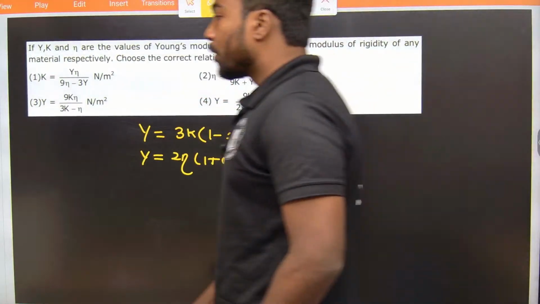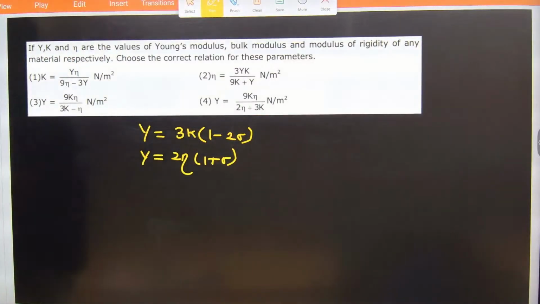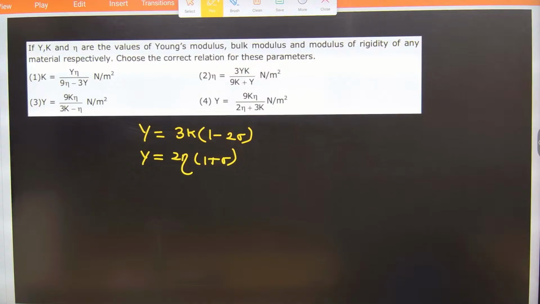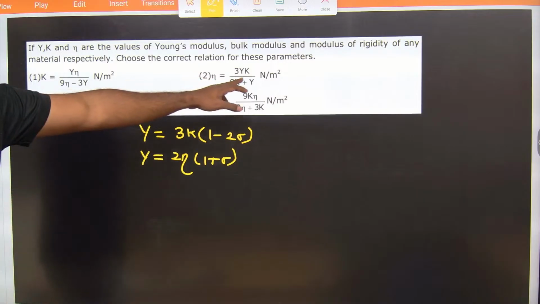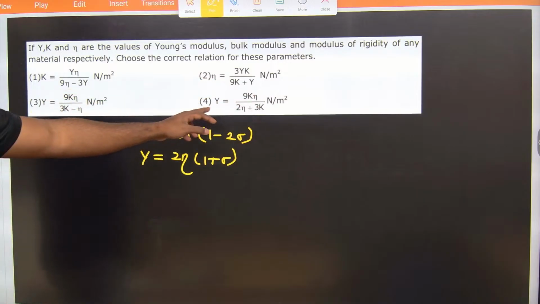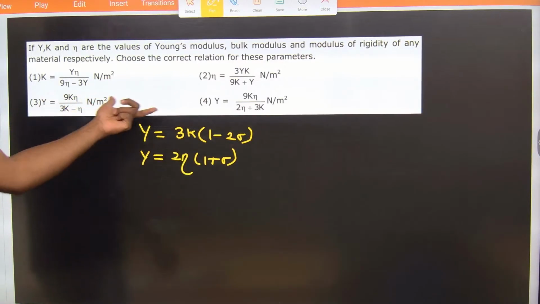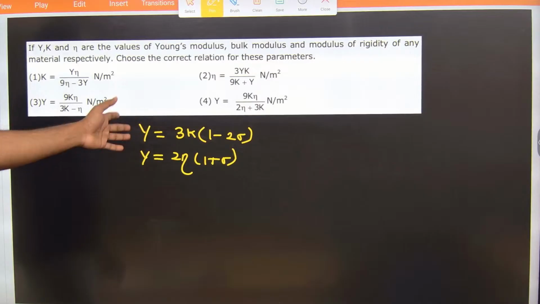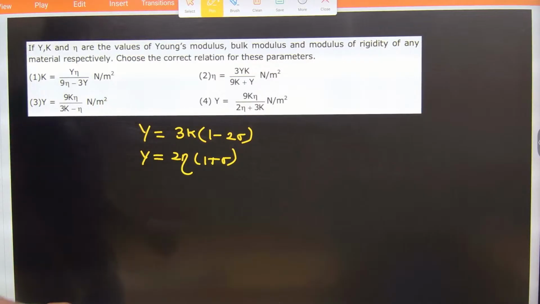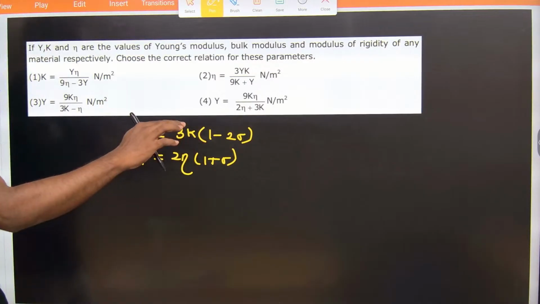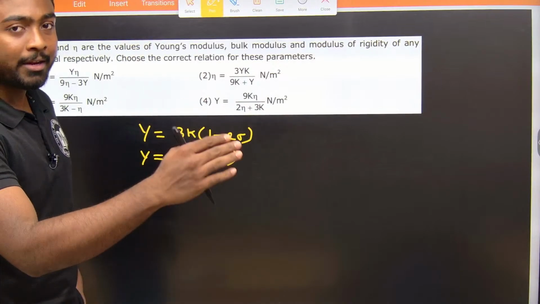Whoever is watching can give the answer in the comment box, which is the correct option. If you see here, out of these 4 options, sigma is not there. I can eliminate sigma. So can I take sigma on one side and the remaining terms on the other side?